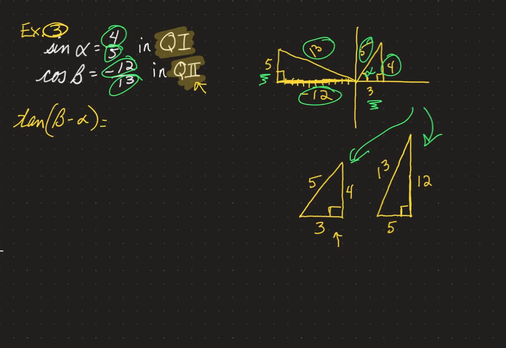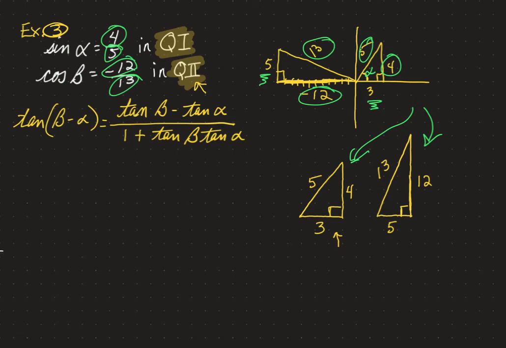The pattern for tangent, since this is the difference between two angles, will be tangent of the first angle, which in this case is beta, minus the tangent of the second angle, which in this case is alpha, divided by 1, change the operation to plus, the tangent of beta times the tangent of alpha.